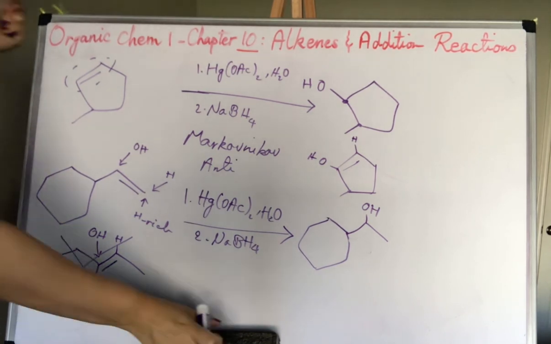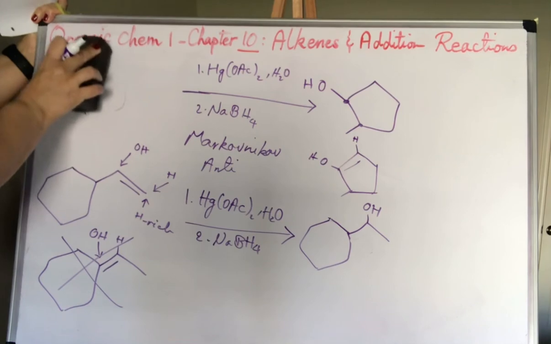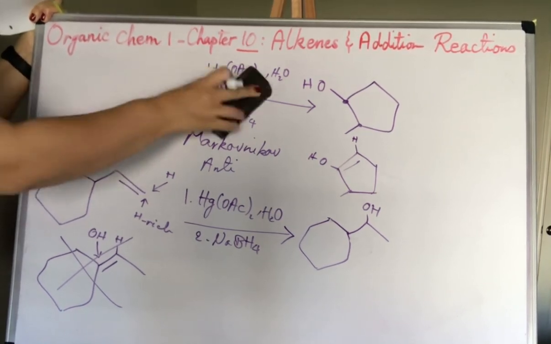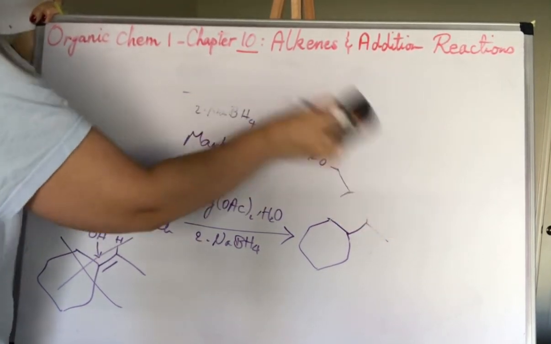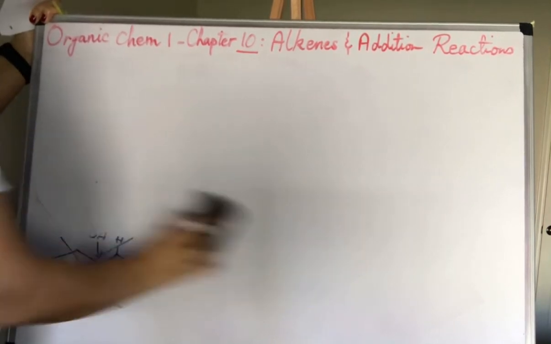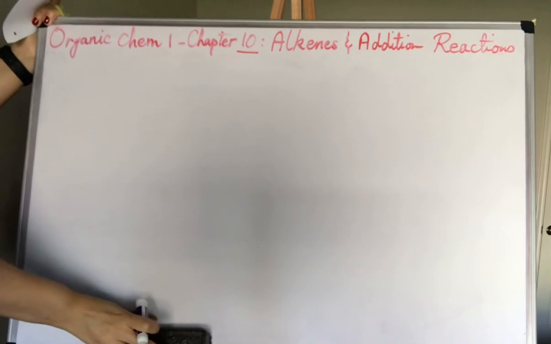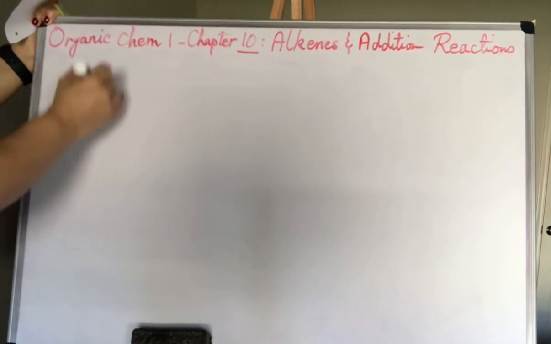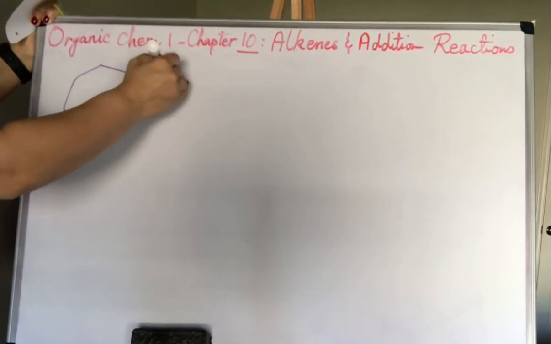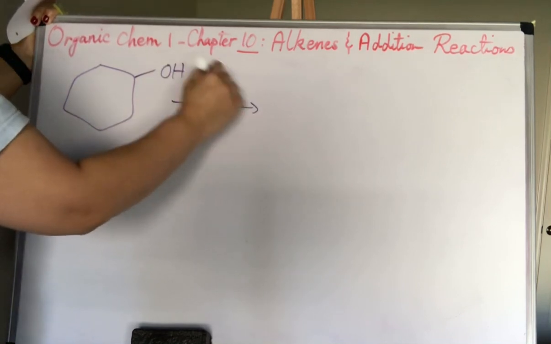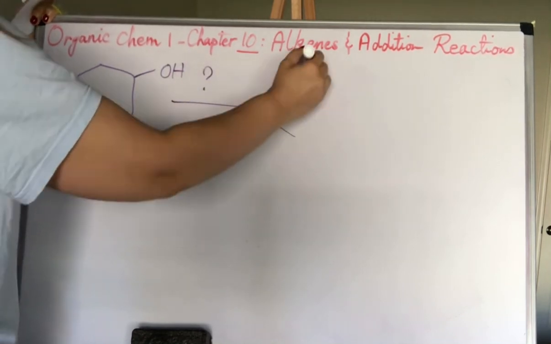Another type of question which you start having is how to synthesize a compound, which is very important. Synthesize means how to put the compound together, how to make it. The first one is how to go from this compound to this compound.